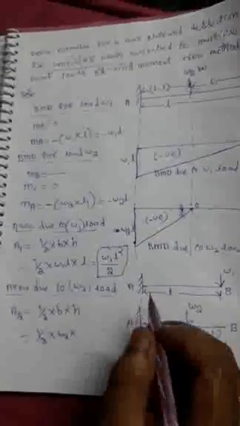The triangle formula is half into B into H. Base is equal to W2 into L1 and height is equal to L1.